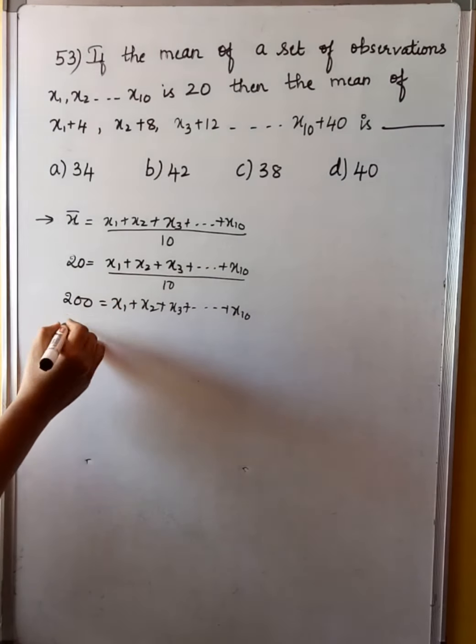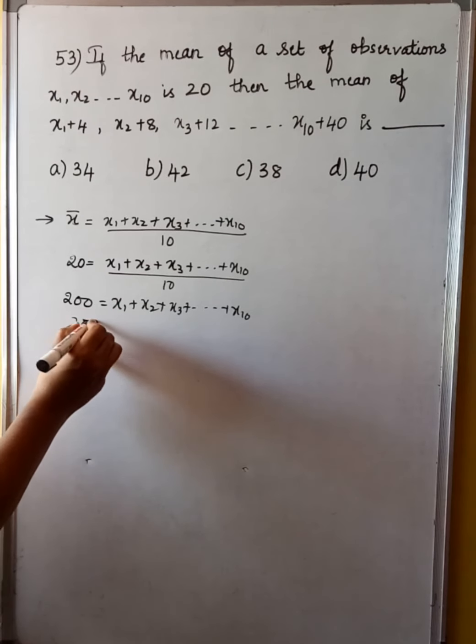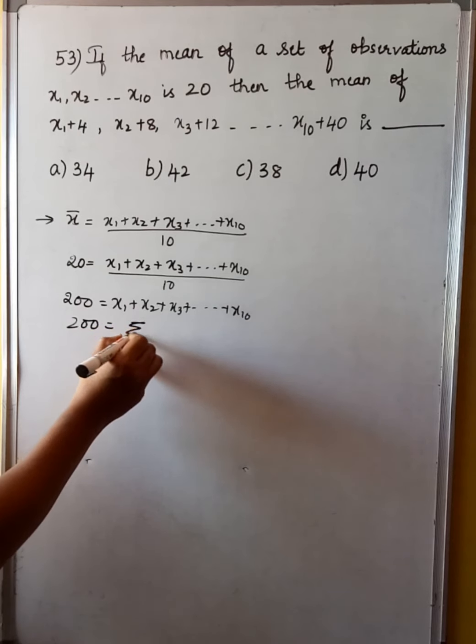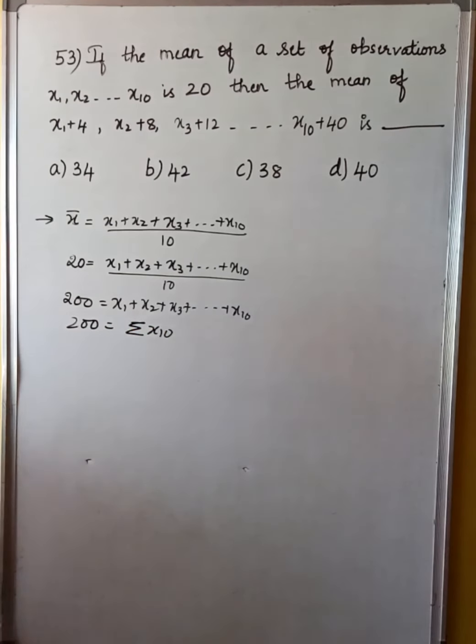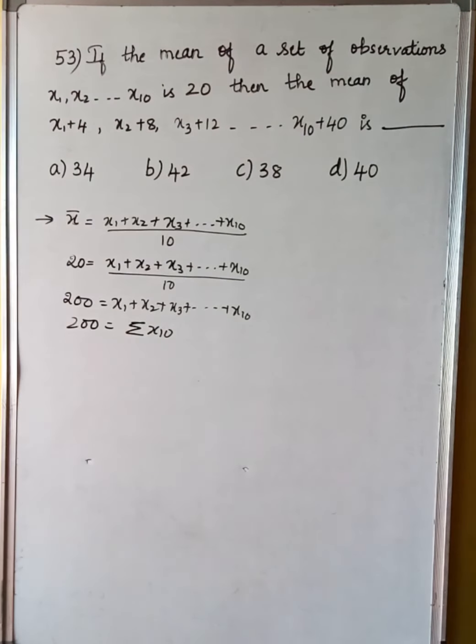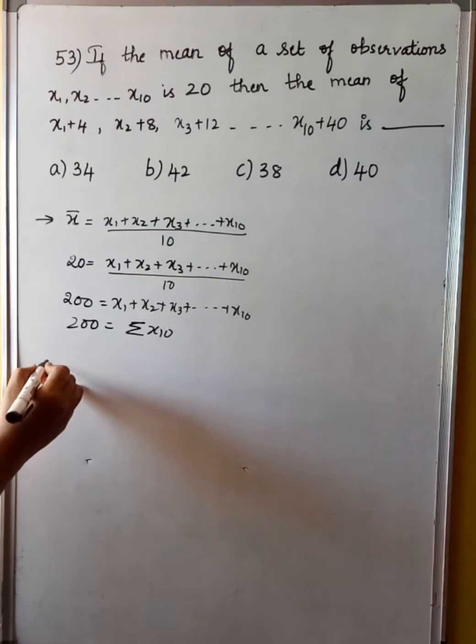So this observation, how can I write it? 200 is equal to, can I write it in the form of sigma x_i, that is nothing but i is equal to 1 to 10. Hope it is clear for you. Now I'll be simplifying this.